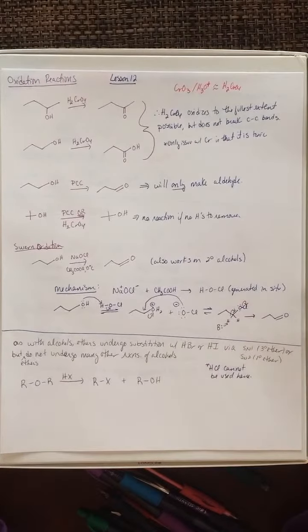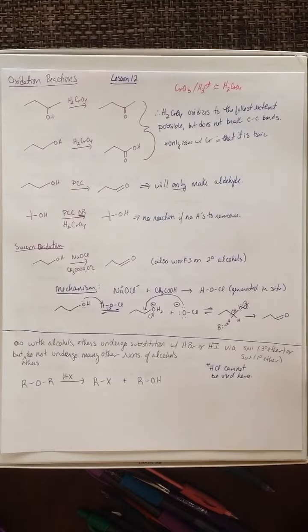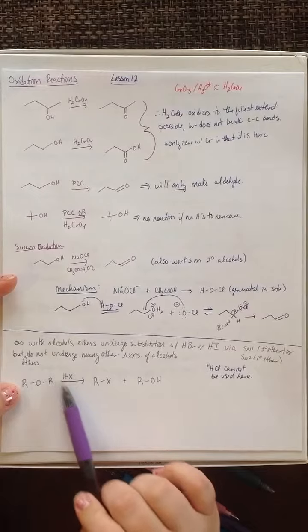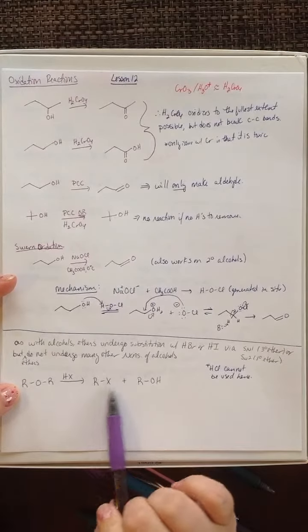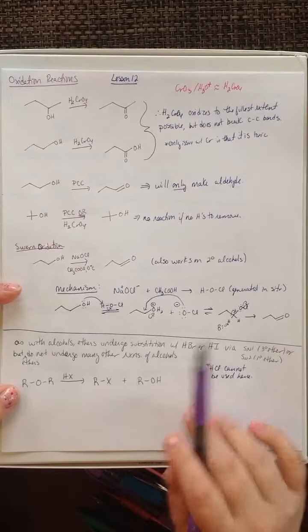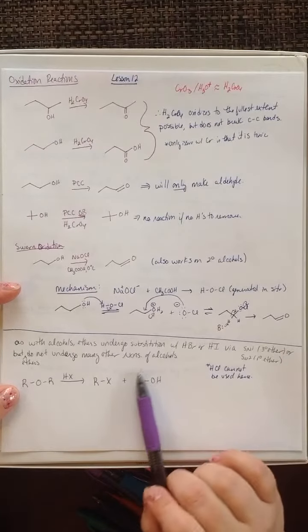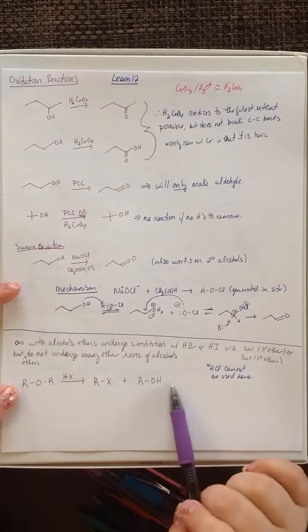Okay, just to let you know, since this wasn't mentioned last time, if you have an ether instead of an alcohol with this HX, that's going to work the same way as with the alcohols, and it's going to give you an alkyl halide as well as an OH, or another alcohol.